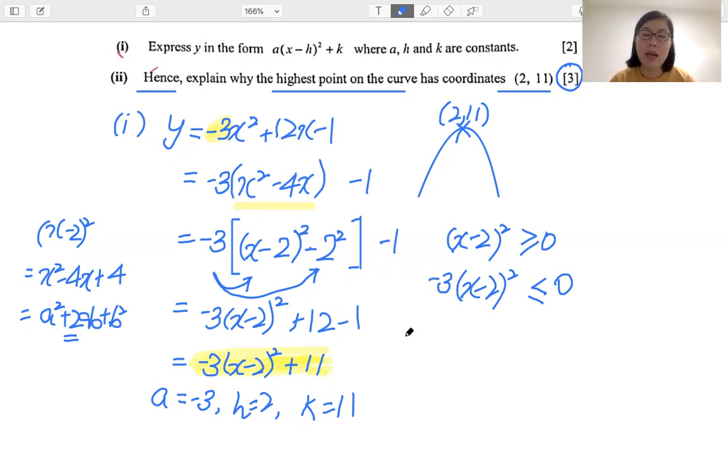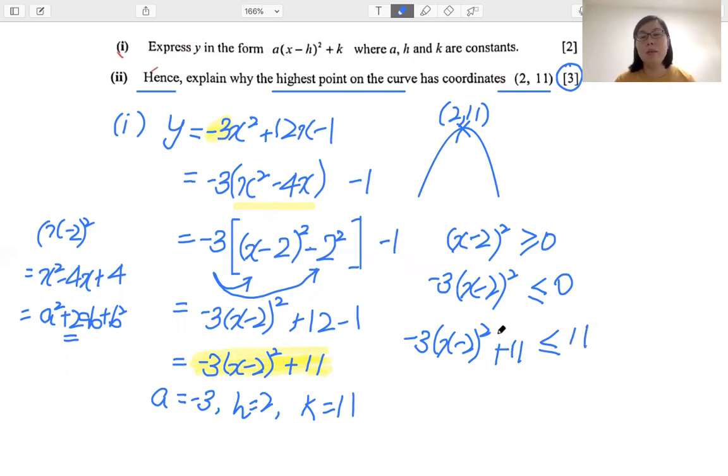However, I have another term that's tagging along, which is your +11. So since you know that this term here is going to be less than or equals to 0, if I add an 11, what can you tell me? It's going to be less than equals to 11.